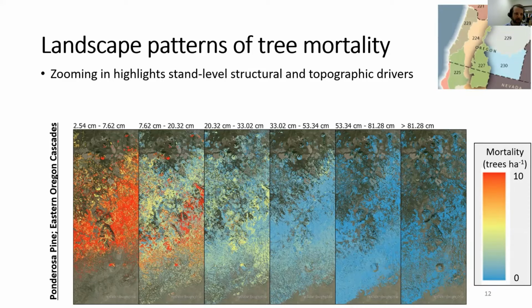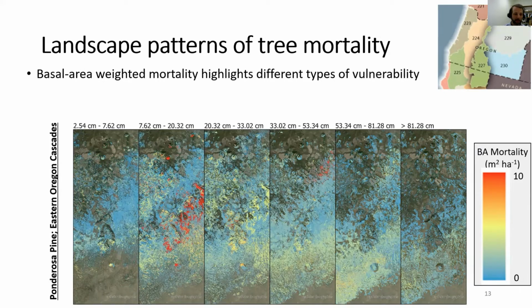But if instead of trees per hectare, we look at a basal area based mortality measure or vulnerability, we see some quite different patterns. And we see some really interesting spatial patterns that pop out in terms of this vulnerability.